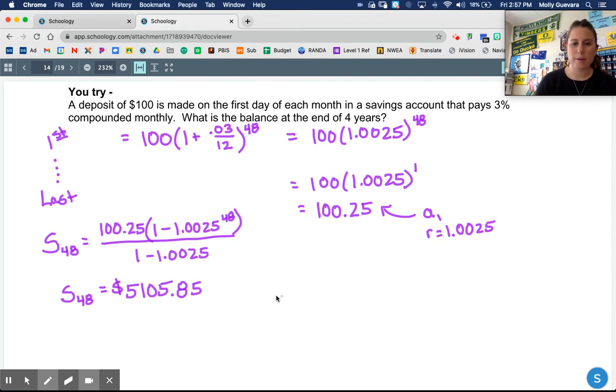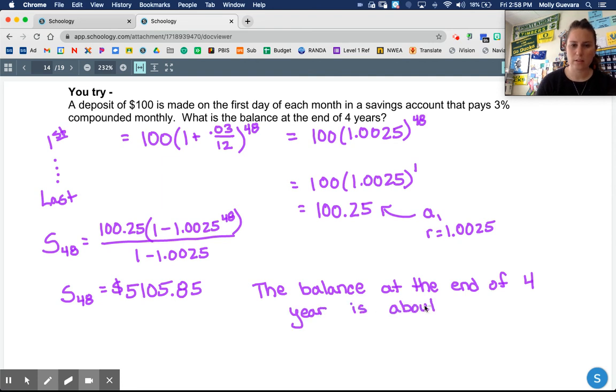Okay, so what is the balance at the end of 4 years? So we need a sentence. Balance at the end of 4 years is about $5,105.85.